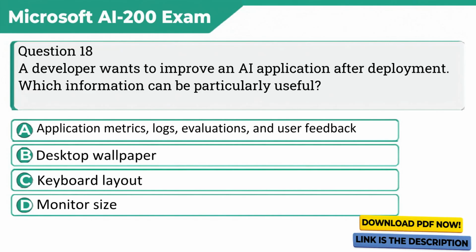Question 18. A developer wants to improve an AI application after deployment. Which information can be particularly useful? A. Application metrics, logs, evaluations, and user feedback. B. Desktop wallpaper. C. Keyboard layout. D. Monitor size.